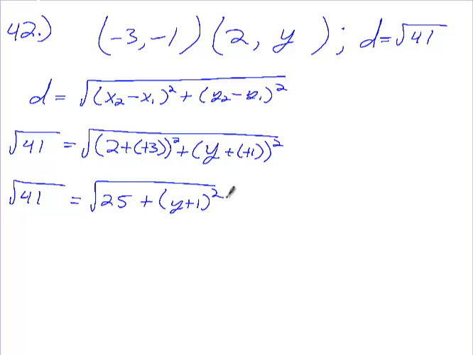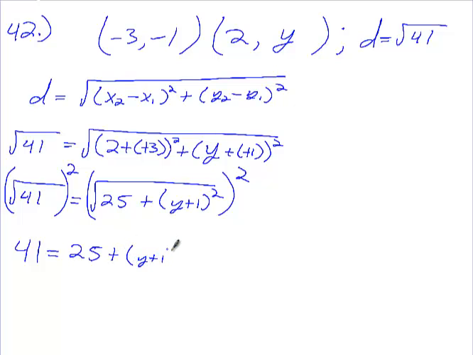How do I get rid of a square root? You square, so if I square the left side, I have to square the right side. So I'm going to square on the right, square on the left. What happens when you square a square root? What do they do with each other? They cancel out. So what do I have remaining on the left? 41, and on the right, I get the 25 plus y plus 1 squared.